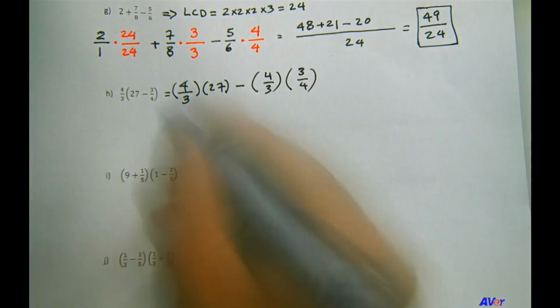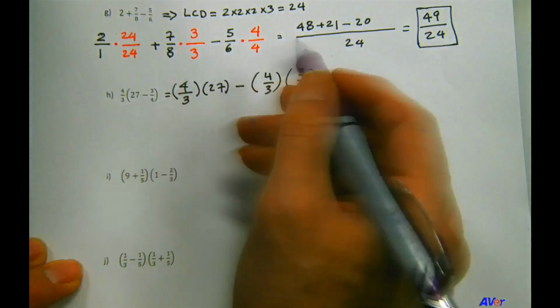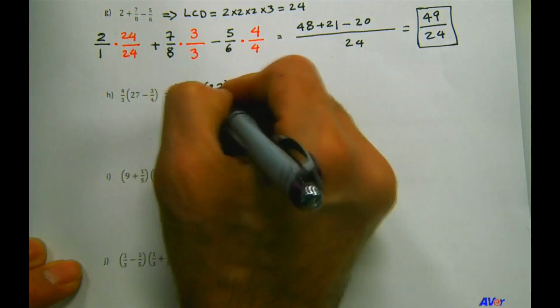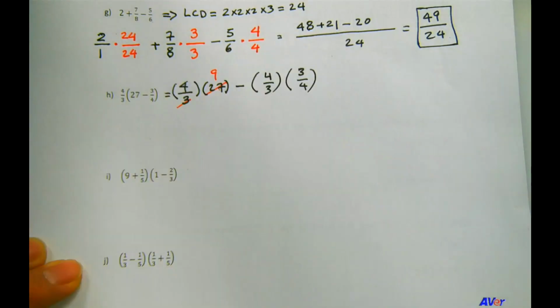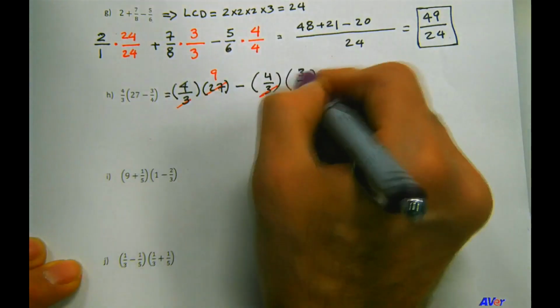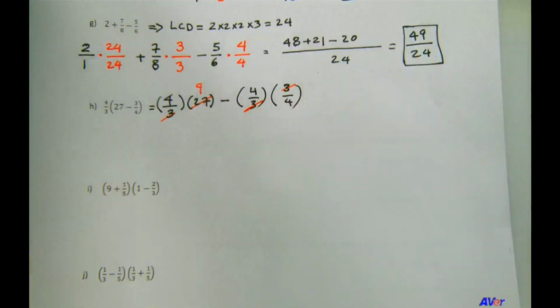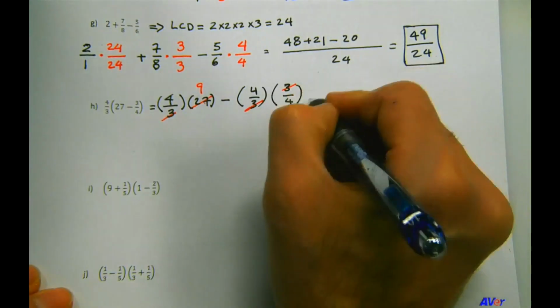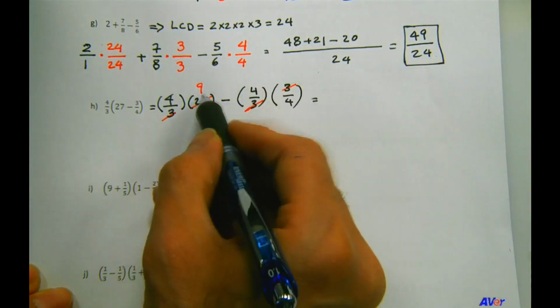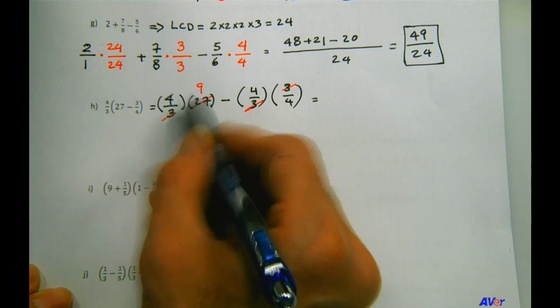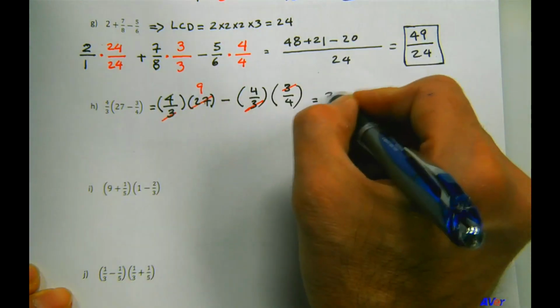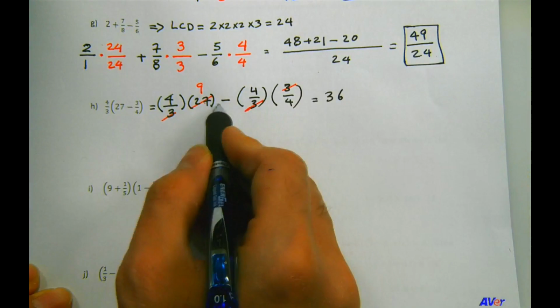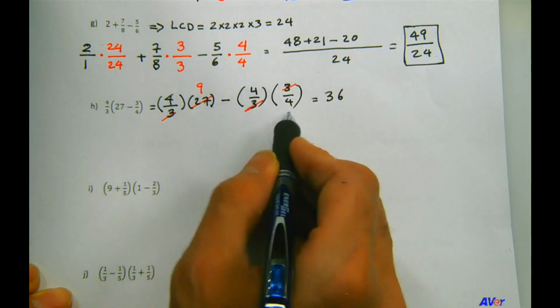Okay, so can we simplify things here? Absolutely. 3 is a factor of 27. We are left with 9. And 3 and 3 cancel. So we end up with 9 times 4, which is 36, minus 4 over 4, right?